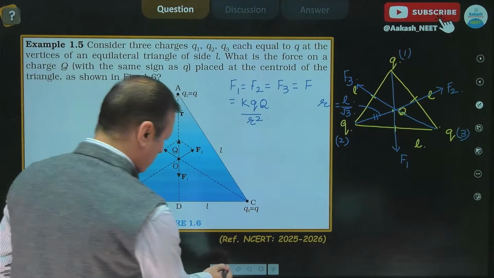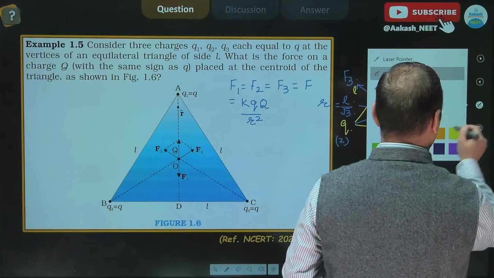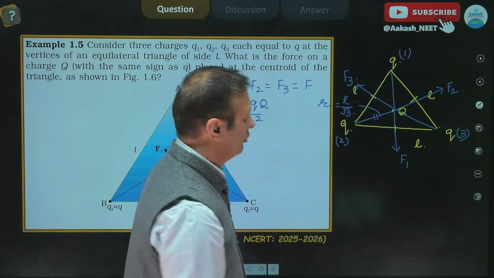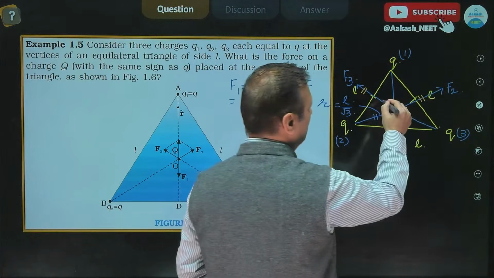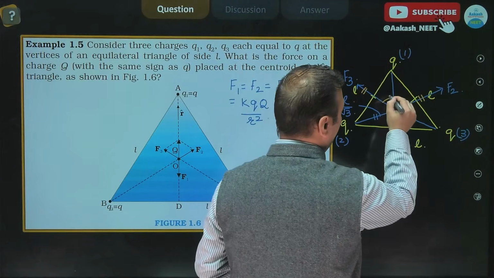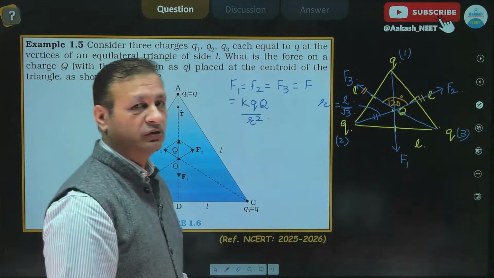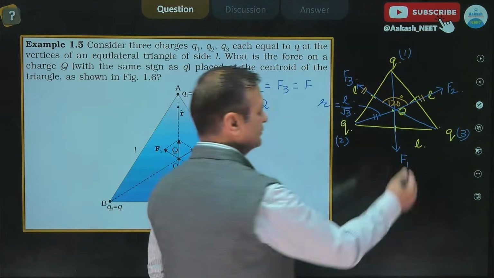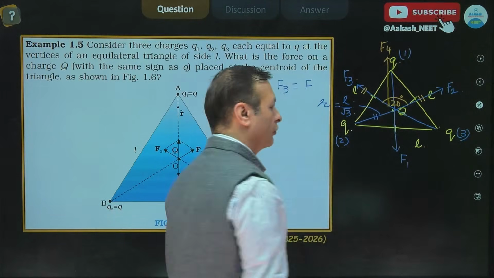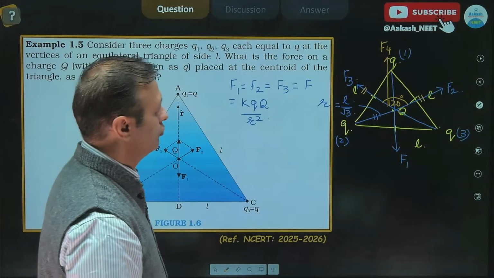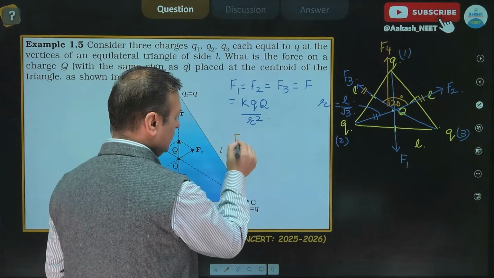Now what's next? If you look at F3 and F2, they are at 120 degrees. So let's find the resultant of these two forces first, and let's call it F4.